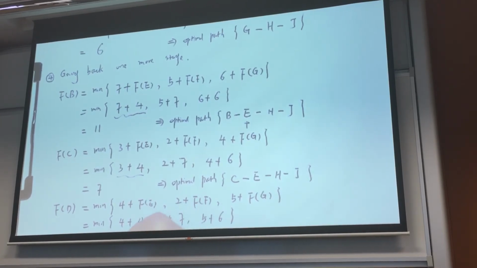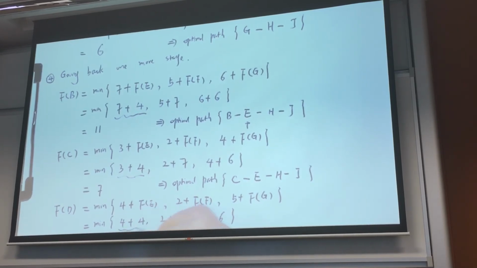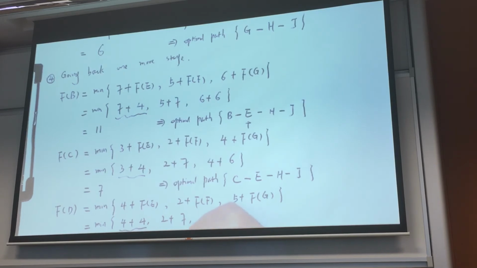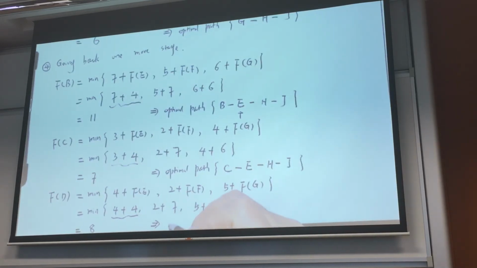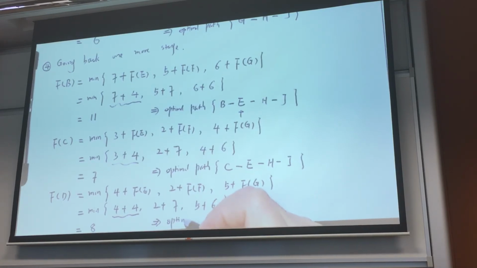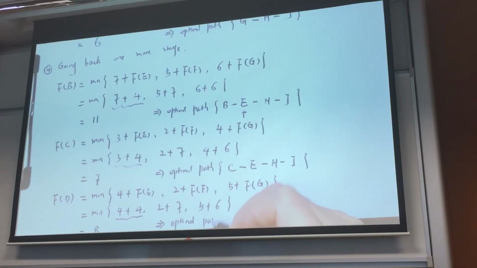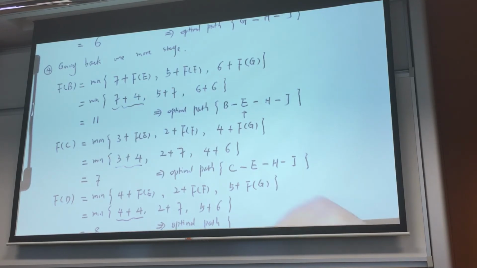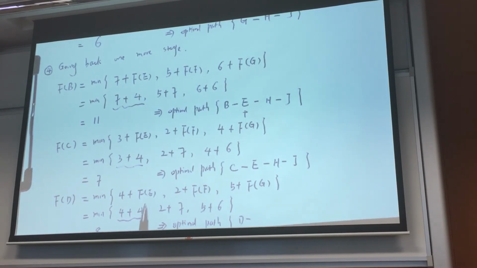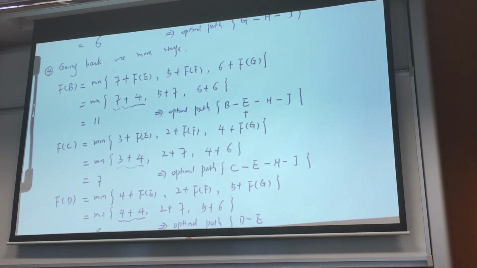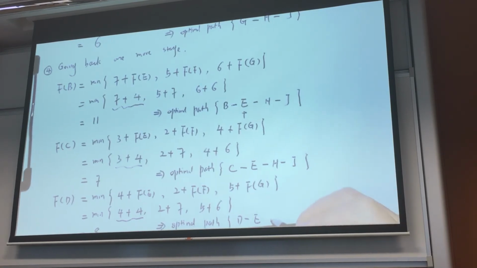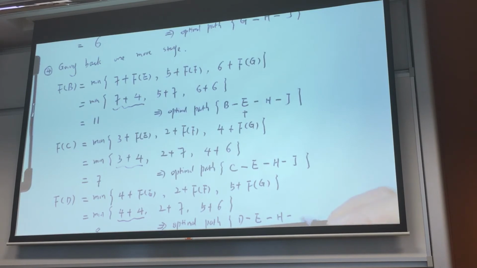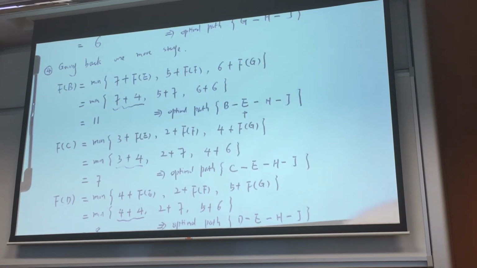So this equal to 8, 9, 11, so this equal to 8, also given by this route. So we can determine the optimal path from D to the destination. So from D go to E, and from the E to the destination, the optimal solution is already known. So this where H to G.